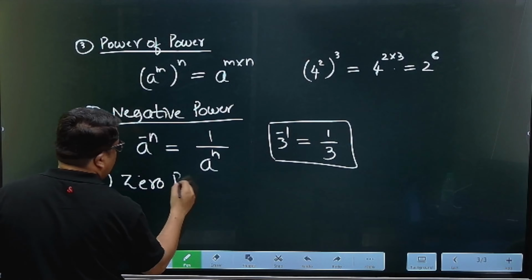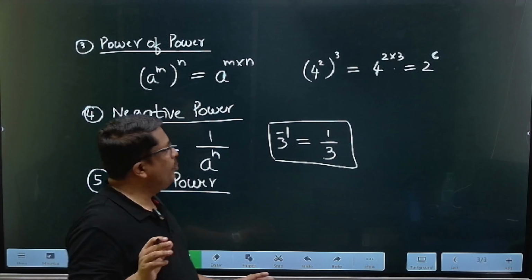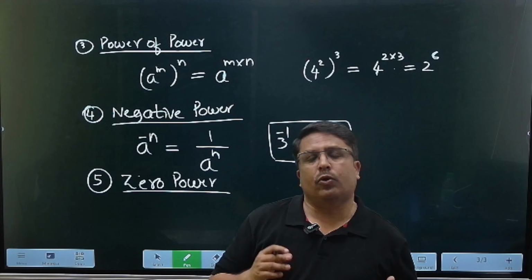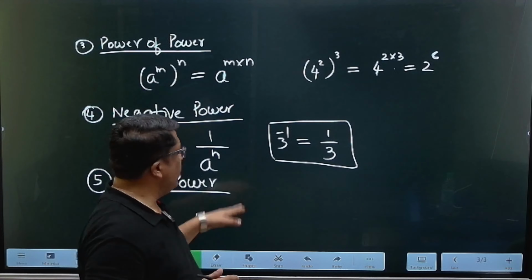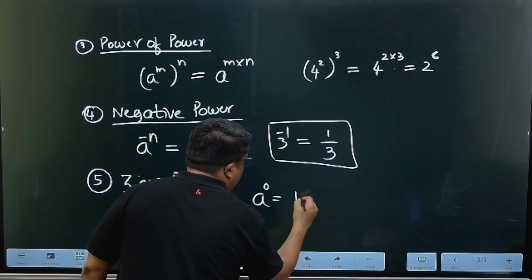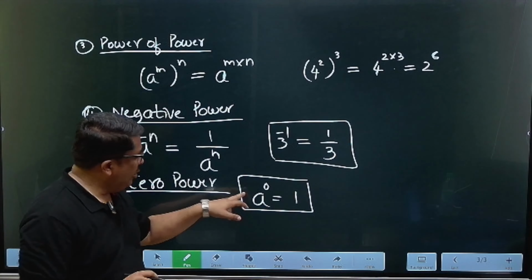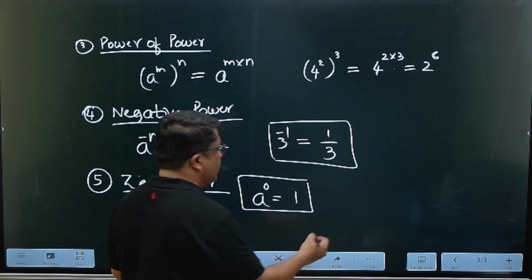0 power. When the exponent is 0, I am not talking of the base. Base is positive, not equal to 1 also. Okay, greater than 0 means it is not 0 here. So a to the power of 0 is 1 always. Means any base whose power is 0 is 1 always.